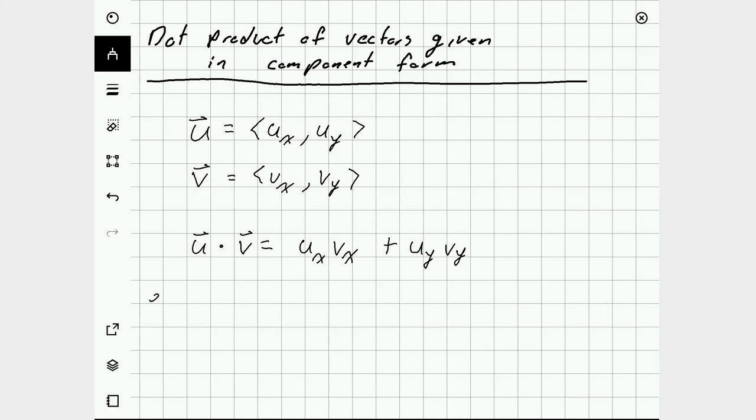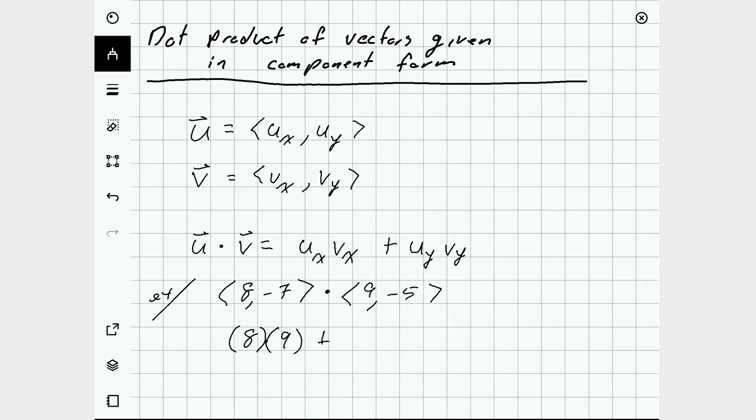So if I have two vectors, like say 8, -7, and 9, -5, then to dot these vectors together, we will multiply the x components, which is 8 times 9 in this case.